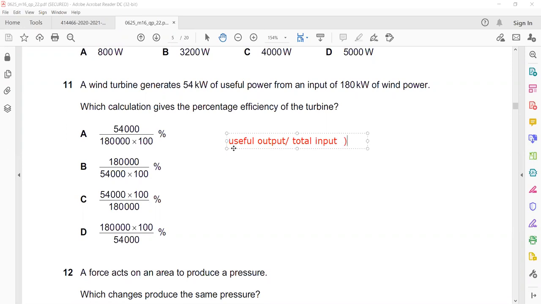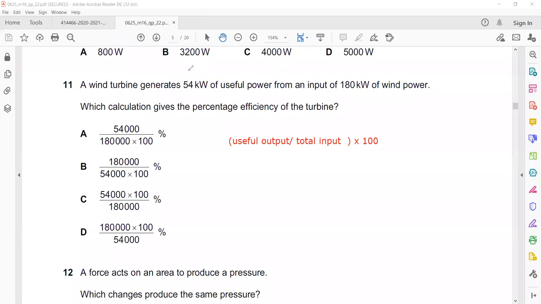Basically, the numerator is multiplied by 100. The numerator, not the denominator, because you're getting this in percentage.